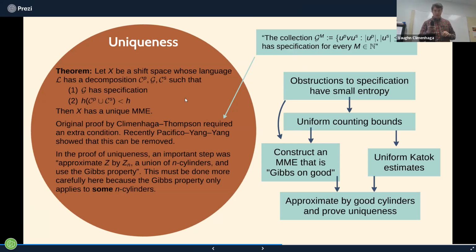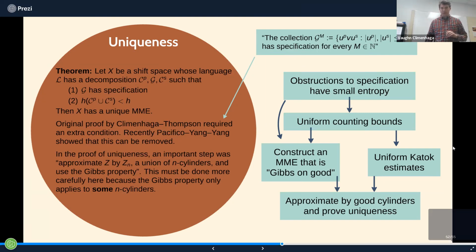To explain what they improved, let me point out the general structure of the proof. And by the way, I have a blog post. If you're really interested in the guts of that improvement, I have a blog post from this last summer that explains exactly what's going on there. But what's the structure of the proof? This part of it is the same as in the uniform specification case, right?